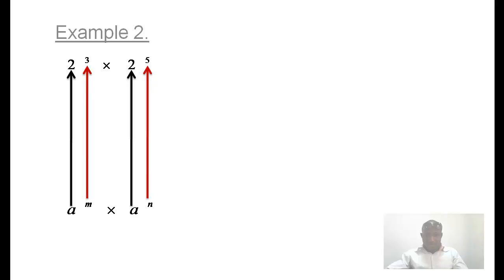Referencing our first law of indices, 2^3 multiplied by 2^5 can be transformed to 2^(3+5). This can be simplified to 2^8.